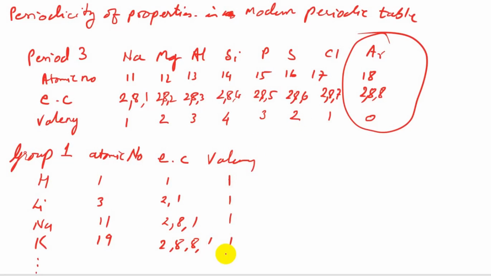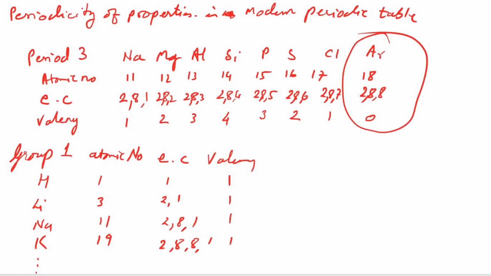From this, we'll predict a few things. Whatever you can see on the screen, you can easily see what is happening in a group and what is happening in a period. So we'll be referring to this and, with reference to this, talk about some more properties. Clear?